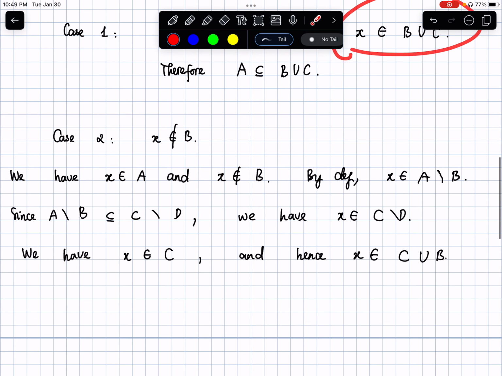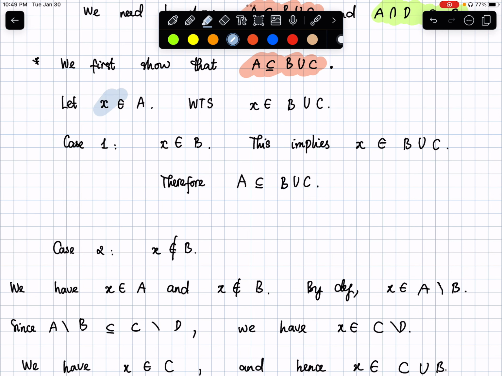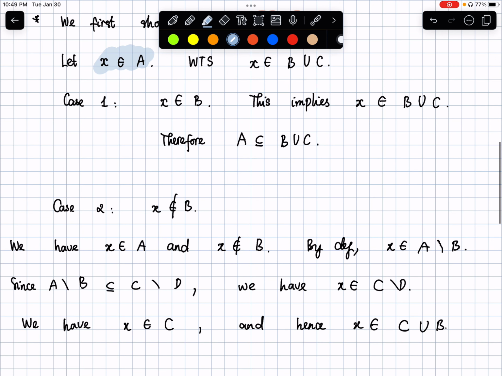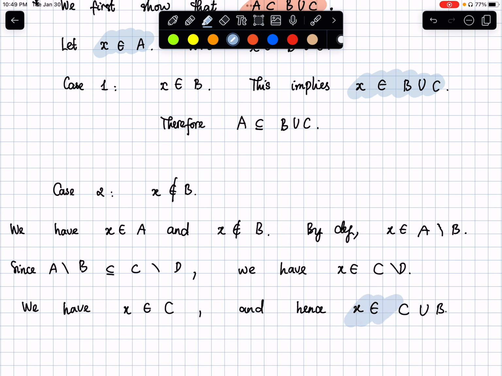Therefore, we start from X in A, and in both cases, we show that X is in B union C. So they are true for case 1 and case 2.